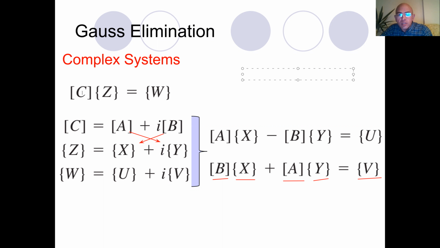So remember that C has n variables. Now my new matrix will have coefficients like minus B and B, A. This will form my coefficient matrix.